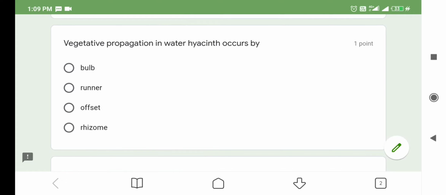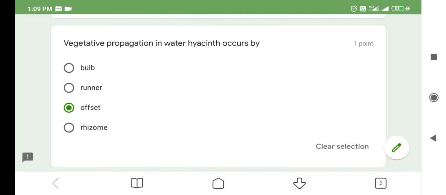Runner is the vegetative propagule of grasses. Option number 3, offset. Offset is the vegetative propagule of water hyacinth. So, option number 3, offset, is correct. Fourth one, rhizome. It is the vegetative propagule in ginger.